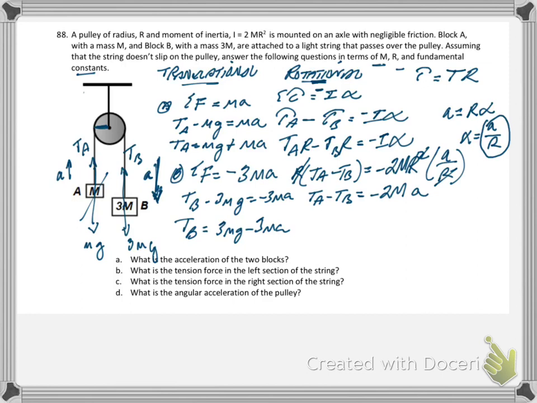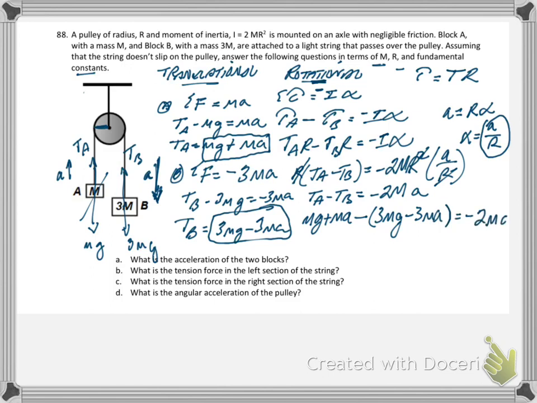Now we can take Ta, which we said was this right here, and subtract Tb, which is this here. So we have mg plus ma minus the whole quantity 3mg minus 3ma, and that's going to equal negative 2ma.